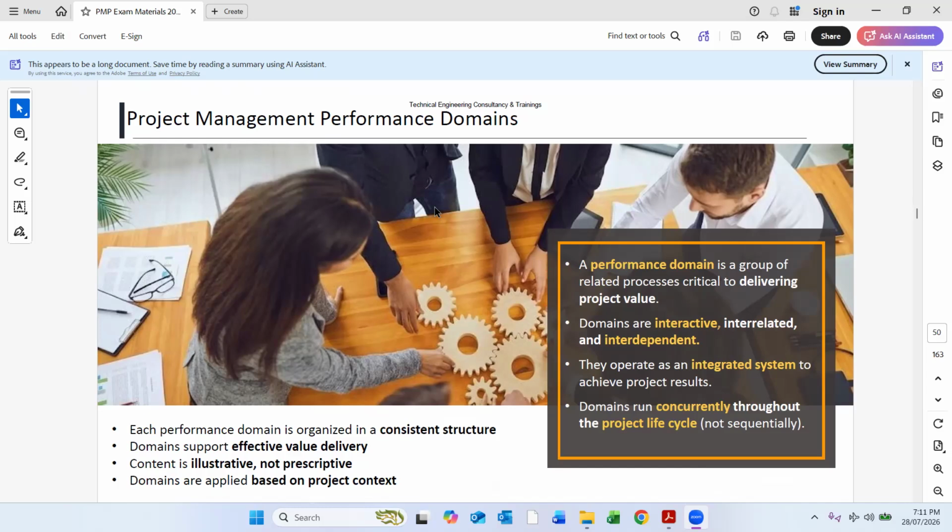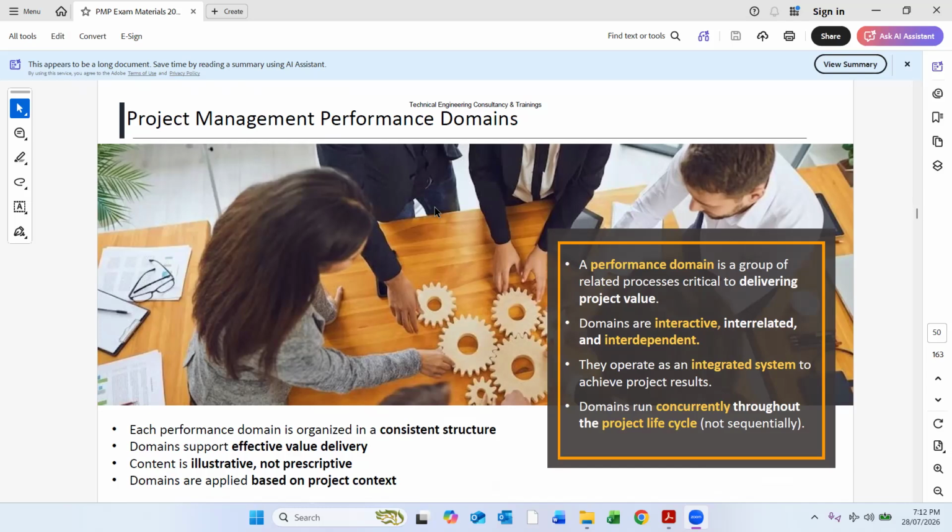What are the processes involved there? This is called a performance domain. Yes, it is similar or related processes to deliver project value. Right, it's called a performance domain.